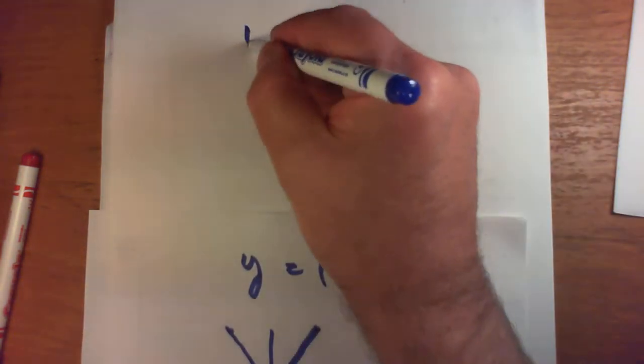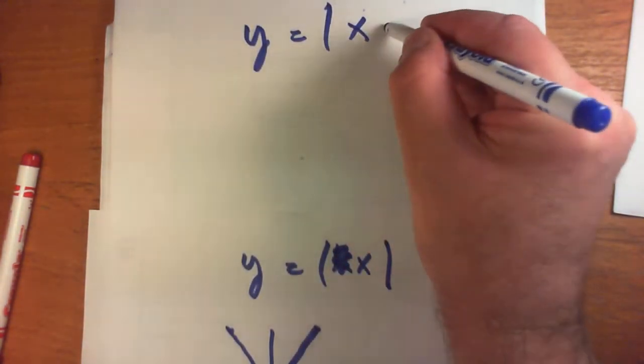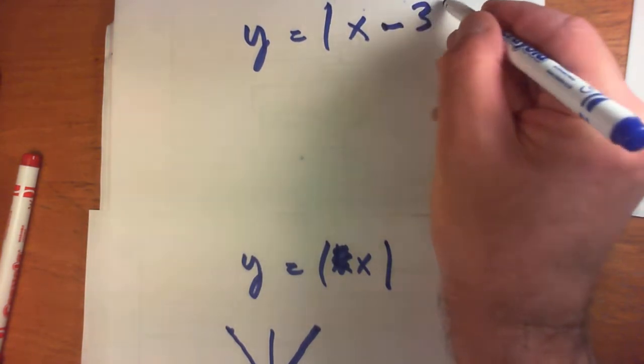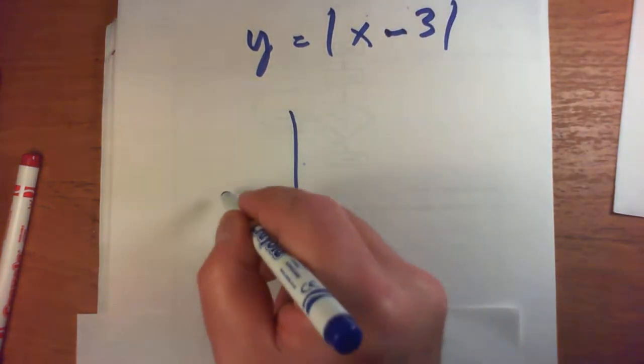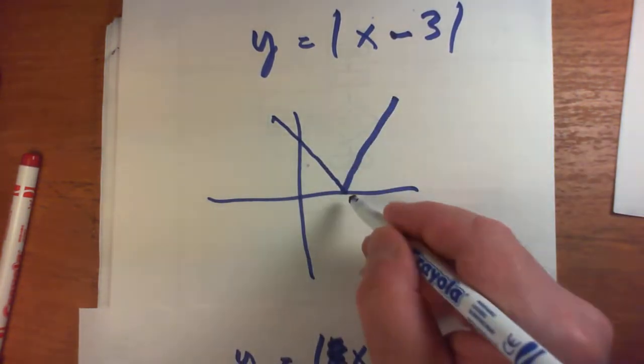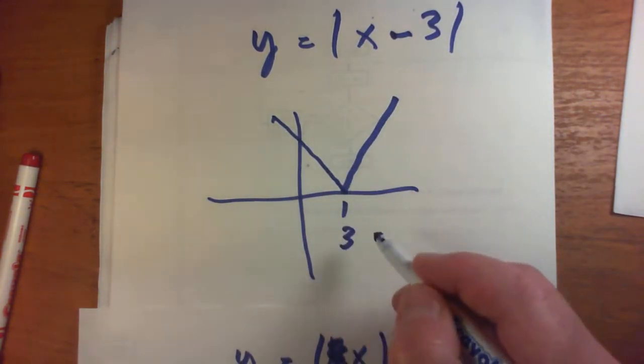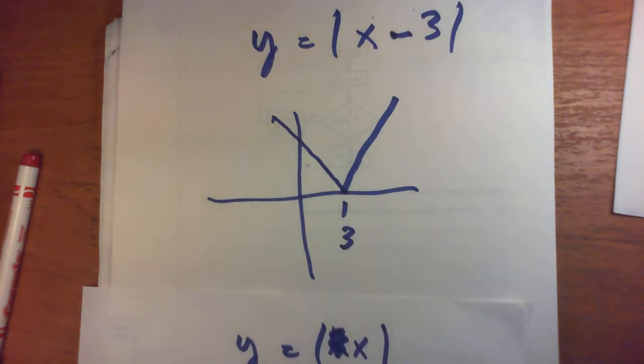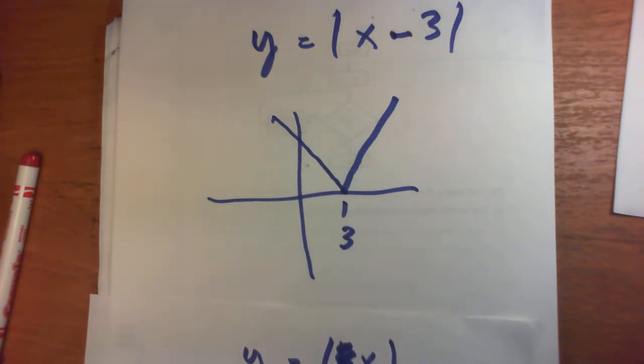If I had y equals x minus 3, for example, that would be the graph shifted to the right, or translated to the right, by 3 units.